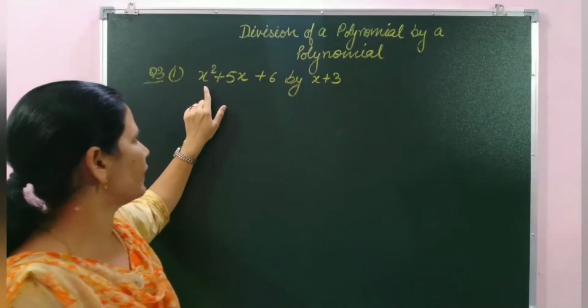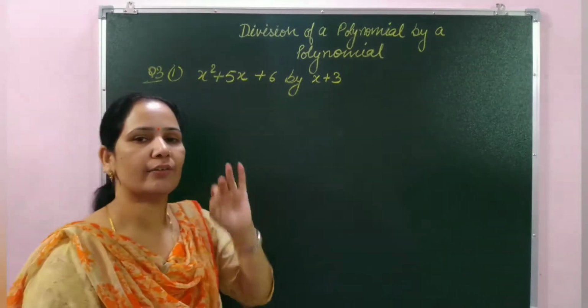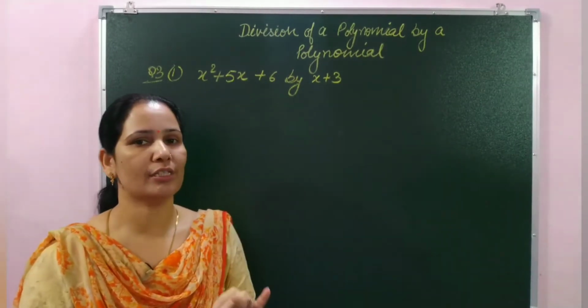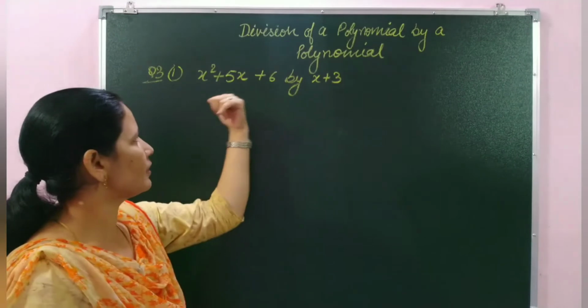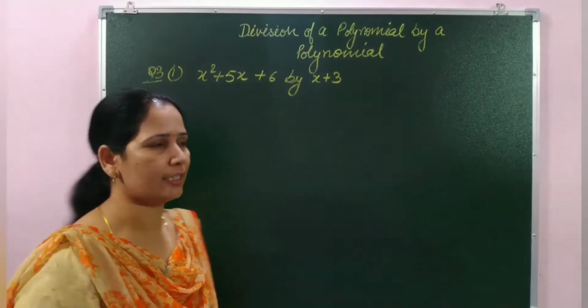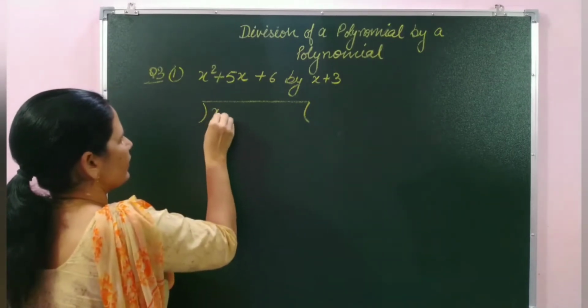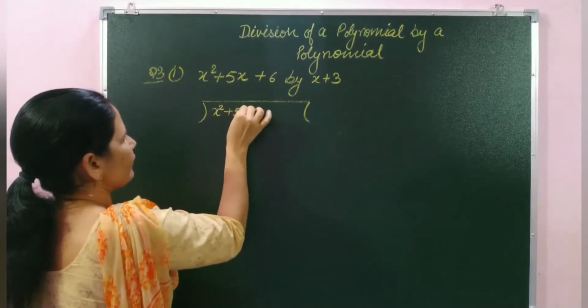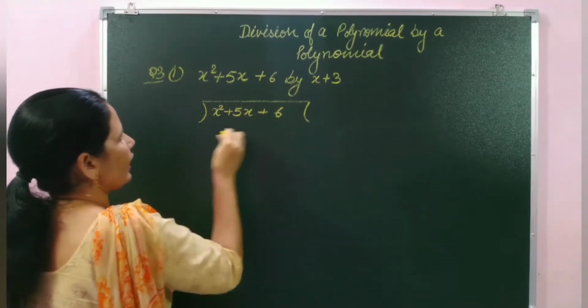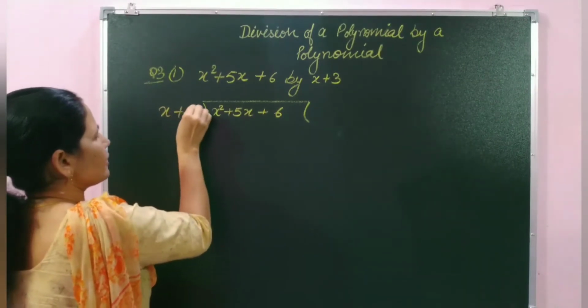We have to divide this polynomial by the second one. First of all, observe whether the given dividend is arranged in descending order or not. We observe it's already arranged in descending order. So now write the dividend inside the division sign, x square plus 5x plus 6, divided by x plus 3.